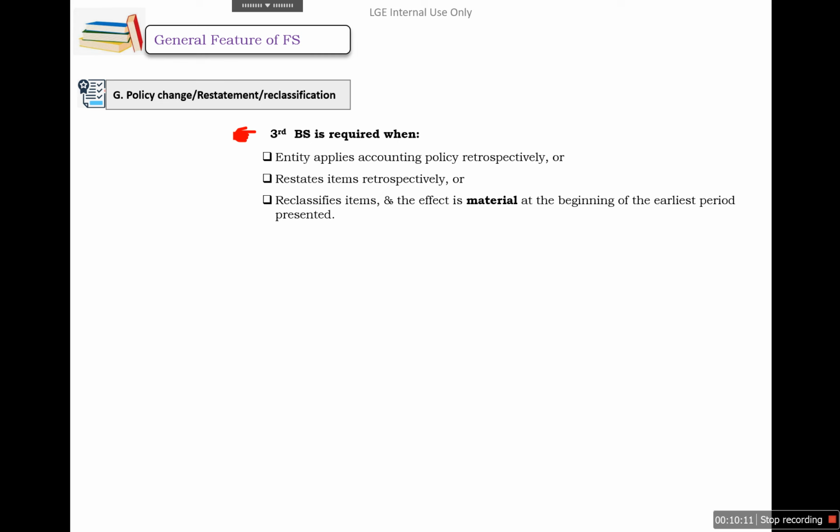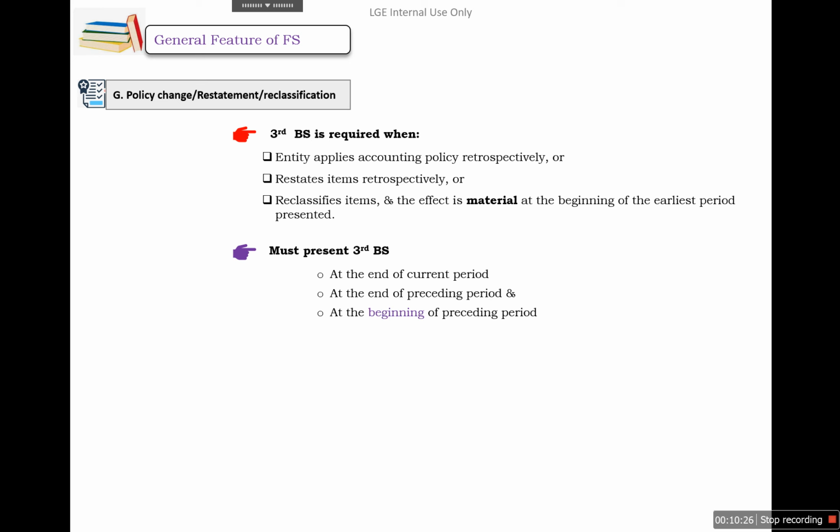In that case, we need to present a third balance sheet. The third balance sheet will be at the end of the current year, at the end of the preceding period and at the beginning of the preceding period. So we are supposed to present a third balance sheet in case of policy change, restatement and reclassification.